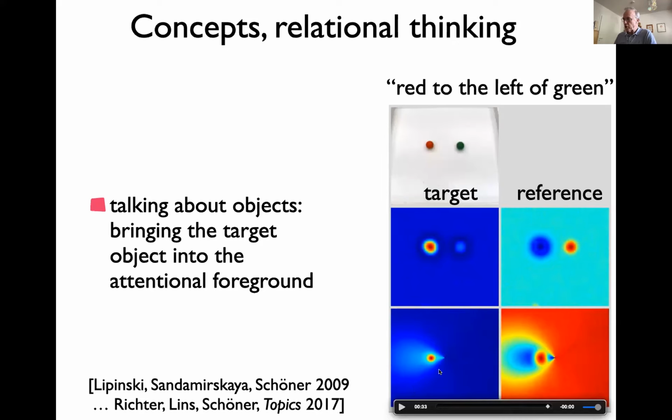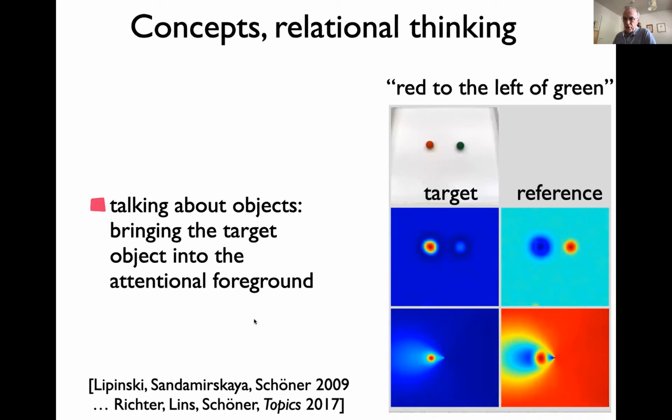This is a representation, and we will get to that, in which a coordinate transform is made, so that the kernel that indicates to the left of is centered on the reference object. That's why the spatial metrics are a little bit different here. And this is actually the negative invert of that, which is used for a so-called condition of dissatisfaction that we will get to in the second part of today's talk.